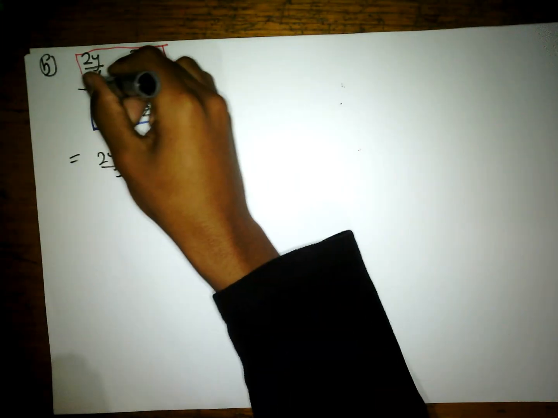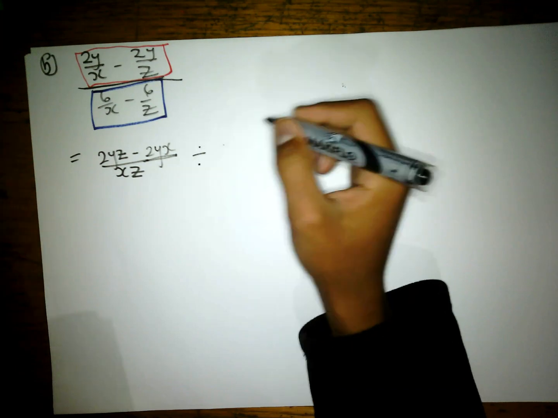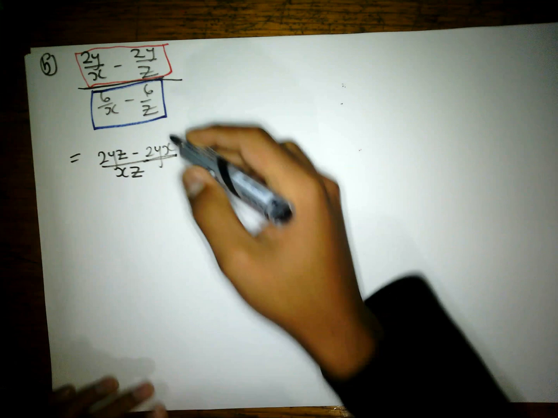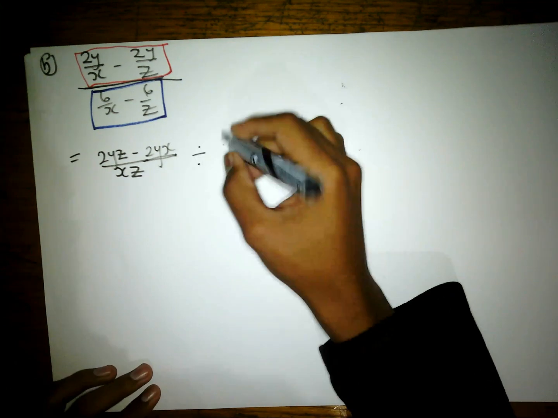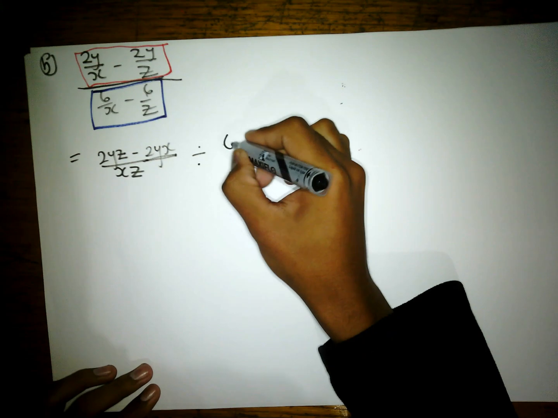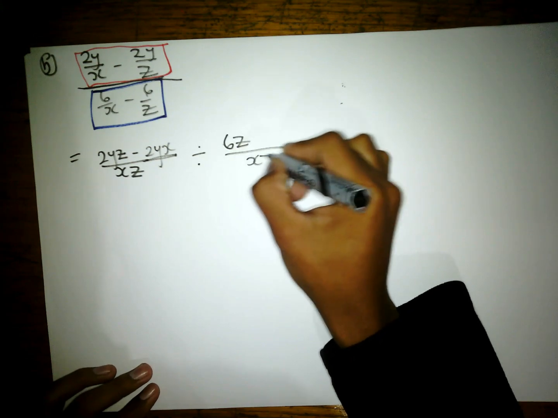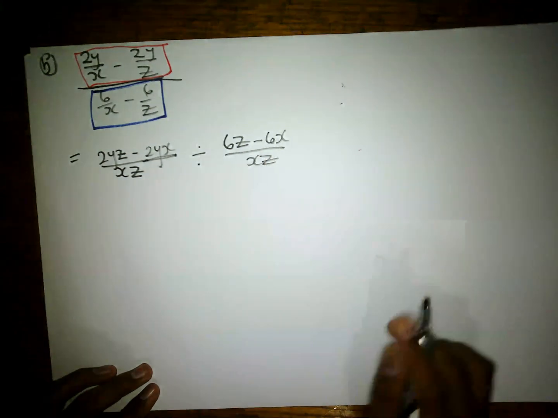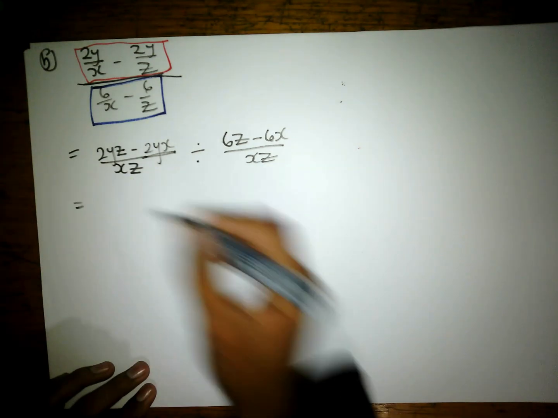Okay, so we know that this big line over here means divide. So we keep it like that, and we do the same thing for the bottom. So we're going to say 6z over xz minus 6x over xz equals.